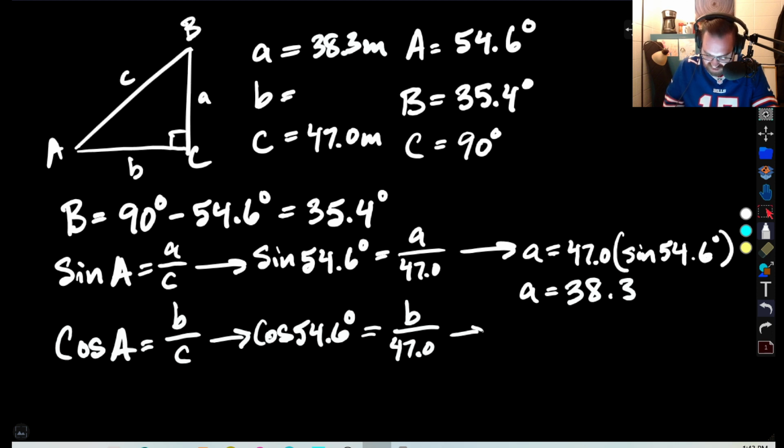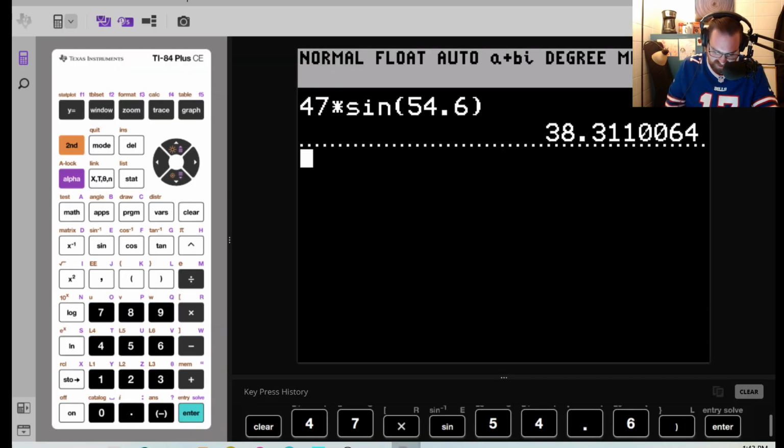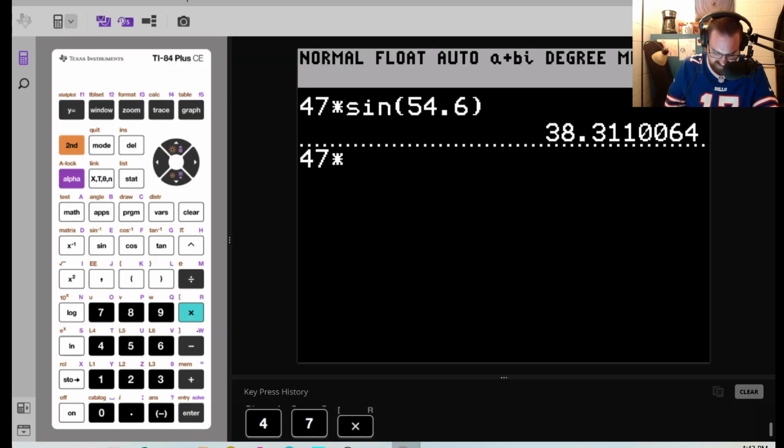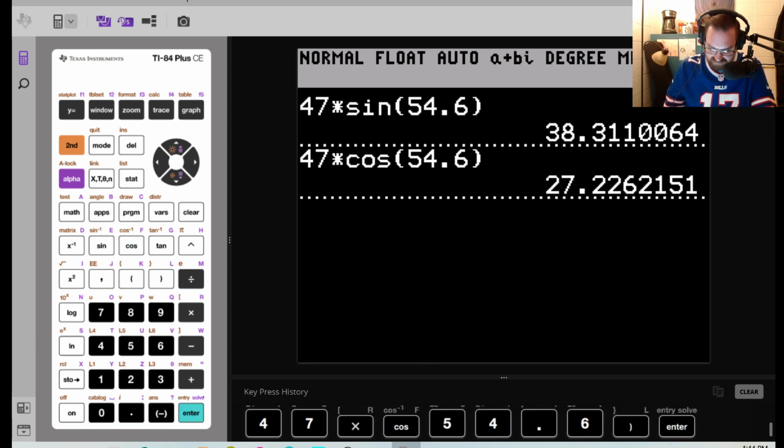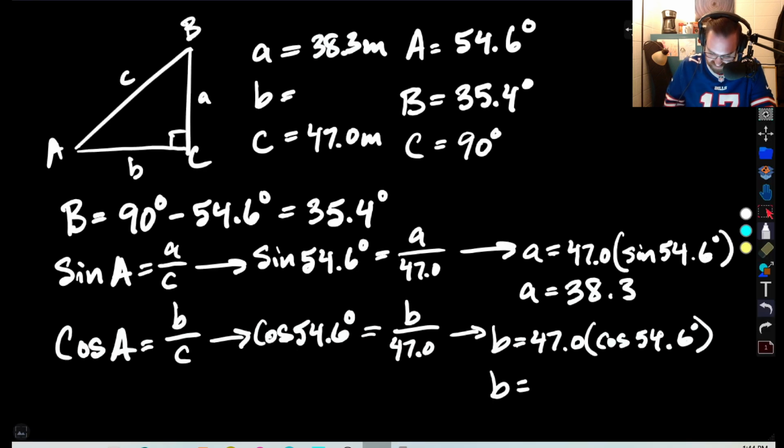So B is going to equal 47.0 times cosine 54.6. Everything is pretty much exactly the same except it's cosine. So 47 times cosine of 54.6 gives 27.2. There it is.